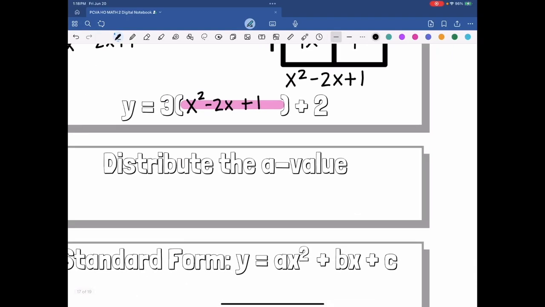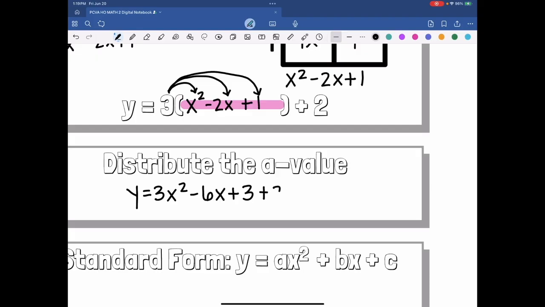When we distribute the a value, we multiply the 3 to the x squared, the 3 to the negative 2x, and the 3 to the 1. That gives me 3x squared minus 6x plus 3. And don't forget that plus 2 at the end. That didn't get distributed because it was outside the parentheses.